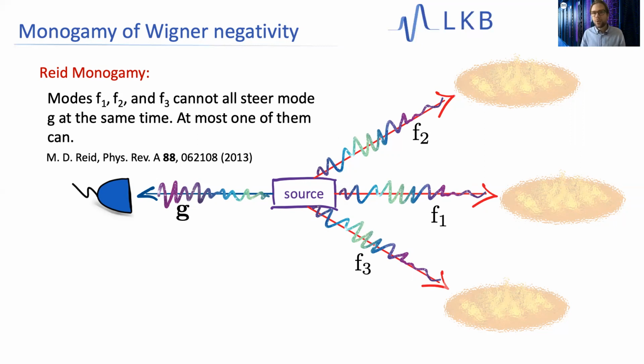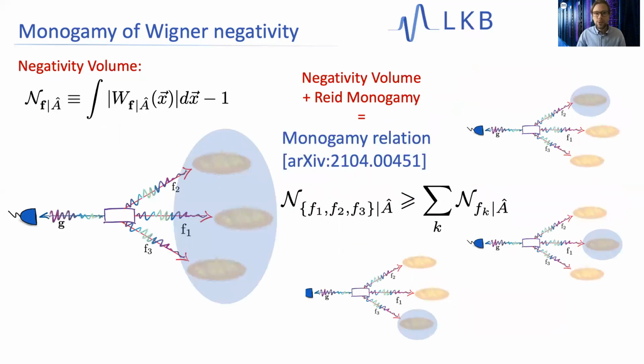And this has a very important consequence, because we can use it to define a monogamy relation for the created Wigner negativity. Here I'm defining the negativity volume of this conditional state just by taking the absolute value of the conditional Wigner function and integrating it. When I have Wigner negativity, this is larger than 1. When I subtract 1, I get exactly the volume of the negative part of the Wigner function.